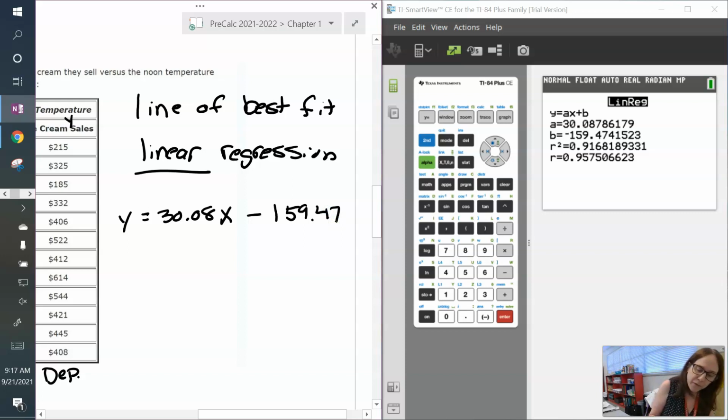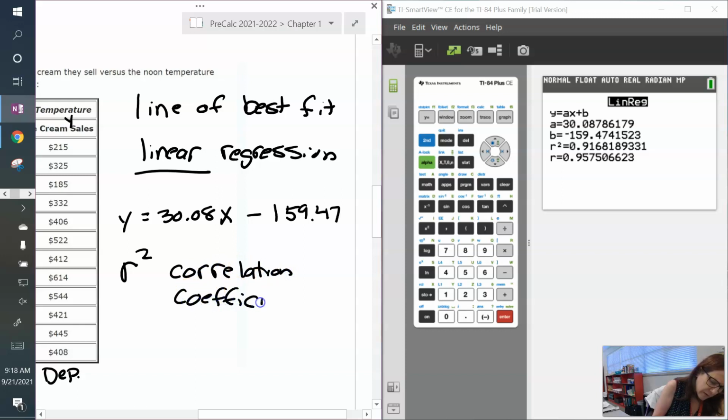The next thing it gives me is r squared. R squared is your correlation coefficient. What that tells you is how close this line of best fit is getting to all of the data.